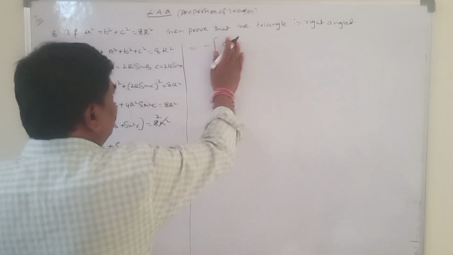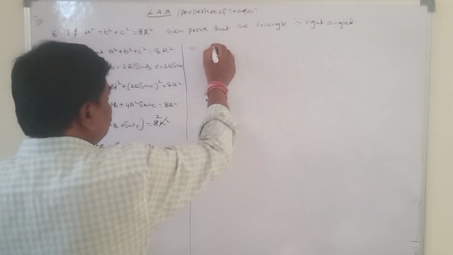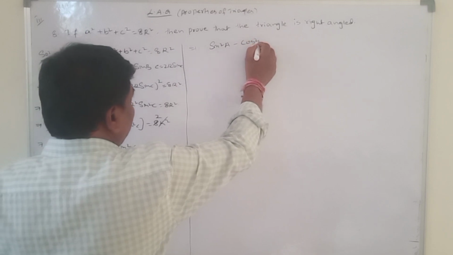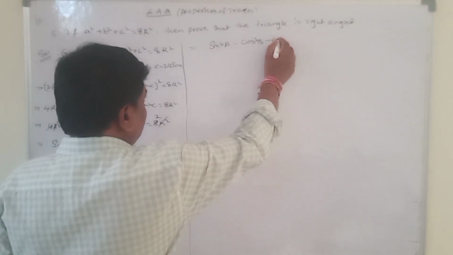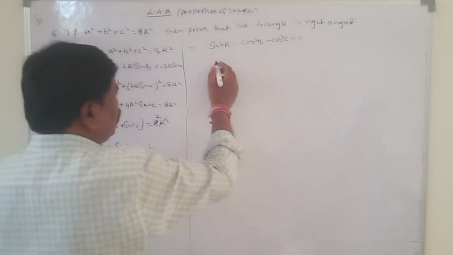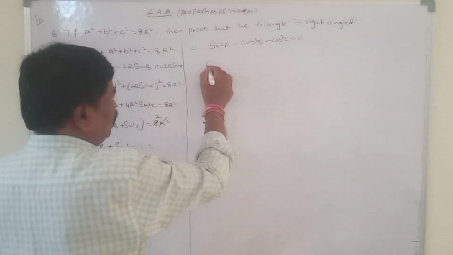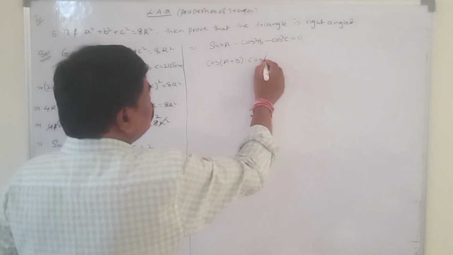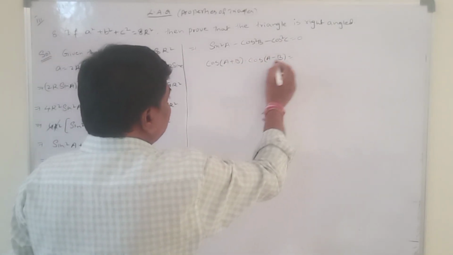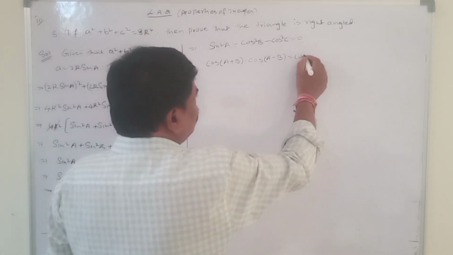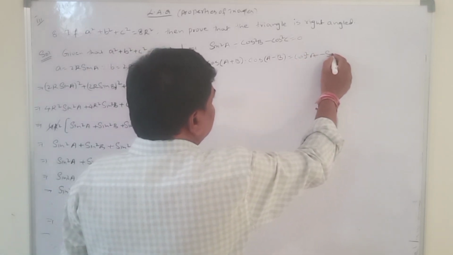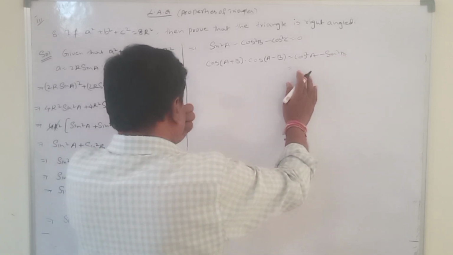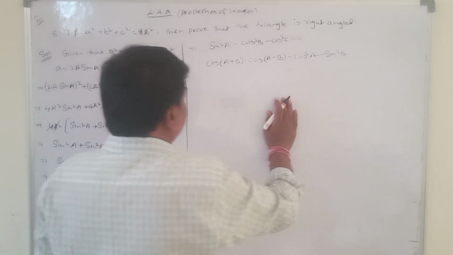You see, this is in the form of cos of (A plus B) into cos of (A minus B) is equal to cos square A minus sin square B, or it can be written as cos square A minus sin square B.